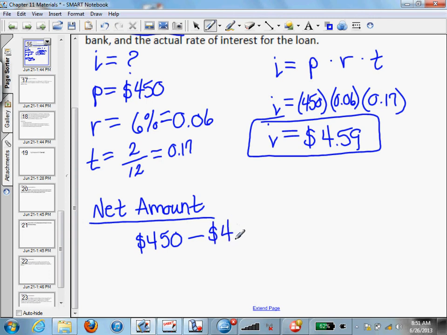So that's the interest of 4.59. When you subtract that, the net amount she received was $445.41.